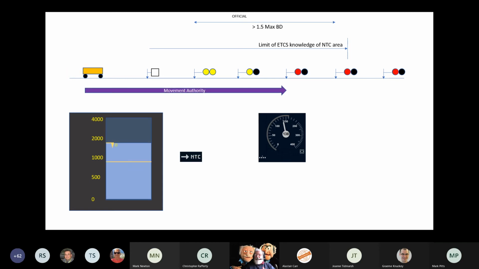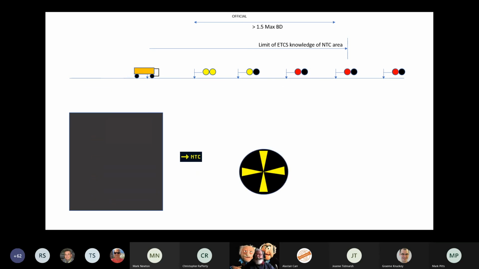As the train proceeds, again, level NTC is announced. And as they get closer, the planning area is getting shorter. They may be beginning to be aware of the need to reduce speed. At the transition, again, they have to accept it. They get the sunflower. Once they've accepted it, they're in level NTC.